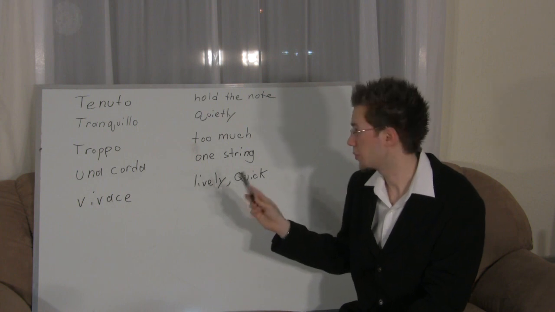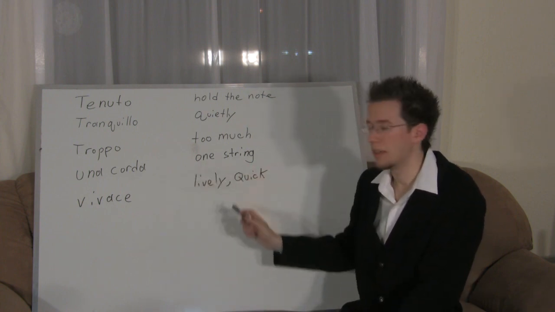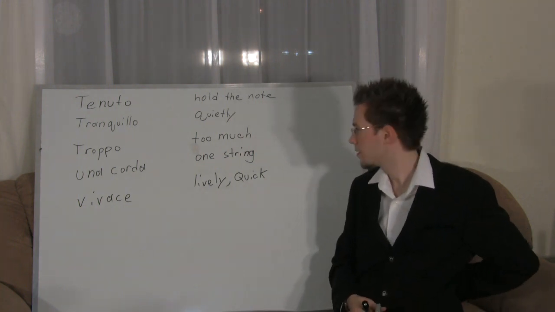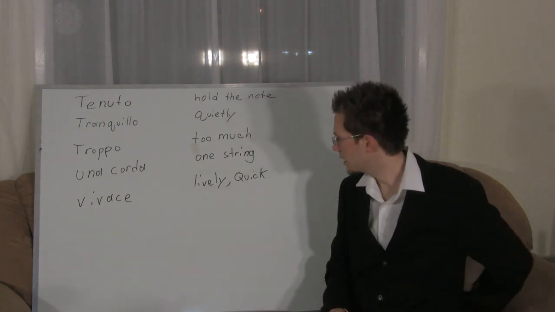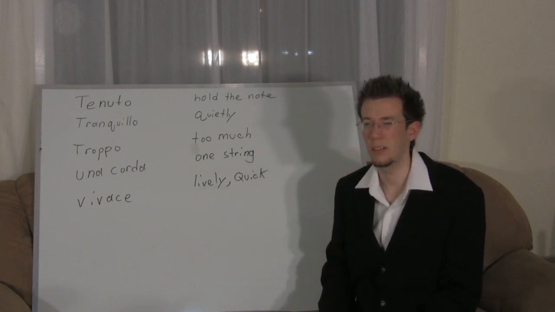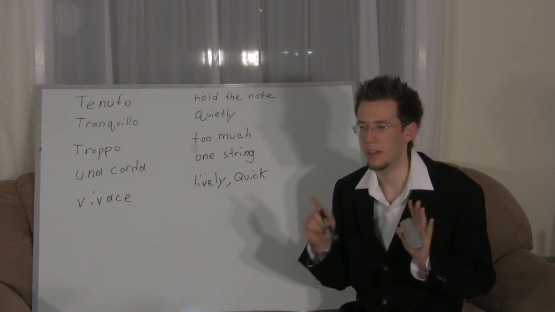That's going to be a sentence word. You'll see it with other words grouped together. Una corda means one string, and this term can be a little bit tricky. It's generally a piano term, but I think you can use it on other stringed instruments, though don't quote me on that because I'm not 100% sure.